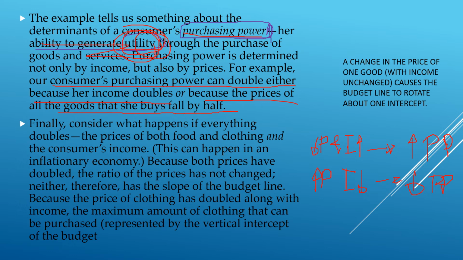And since it entails satisfaction, if your purchasing power increases, higher satisfaction. If your purchasing power decreases, lower satisfaction. That's the result of the changes in the prices and income, and that's also how you determine your own purchasing power.